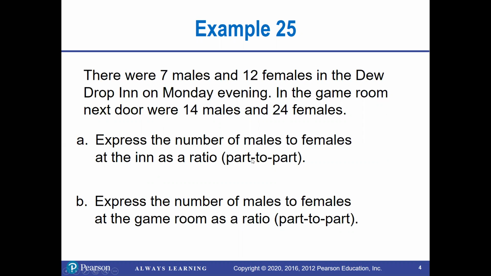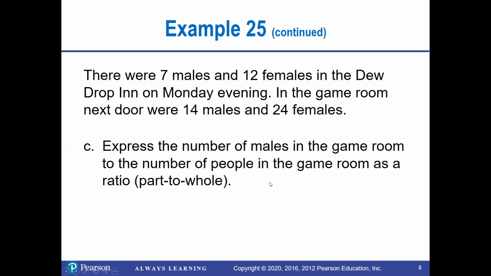Okay, so part to part: males to females, so we're looking at 7 to 12 in the inn. Now express the number of males to females in the game room: 14 to 24. After we do that, when we give a final answer, we will make sure to reduce. Depending on how the question might be asked, but reducing is always a good thing.